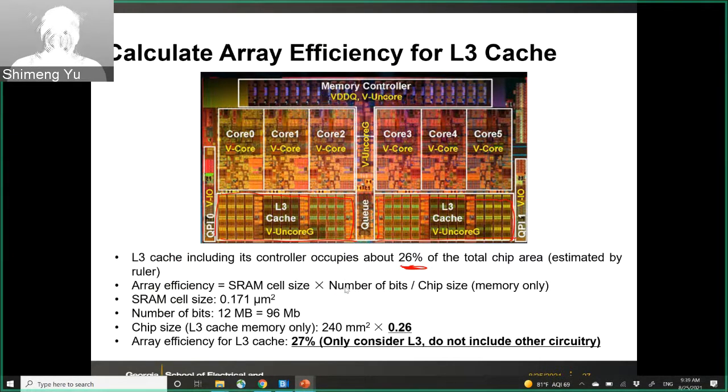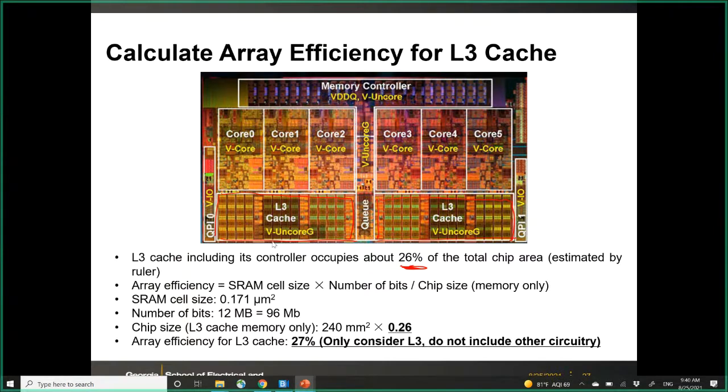That will be the total area occupied by the SRAM cells, and then divided by the L3 chip size. So this is the chip size for the L3 only, not the total chip, just the L3. From the table before, we know that for the L3 cache, it's about 0.171 micrometer square. This is for one cell.